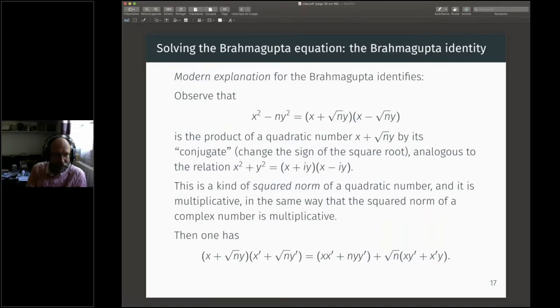Nowadays we can give a modern explanation for these identities. You just factor x² minus ny² as (x plus square root of n times y) multiplied by (x minus square root of n times y).